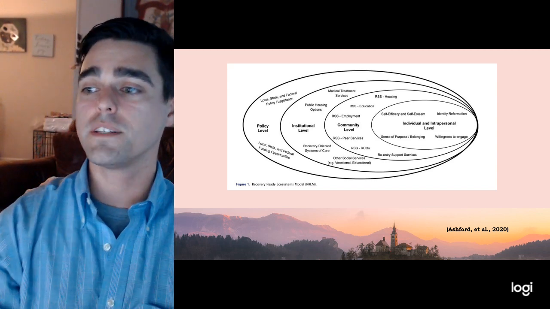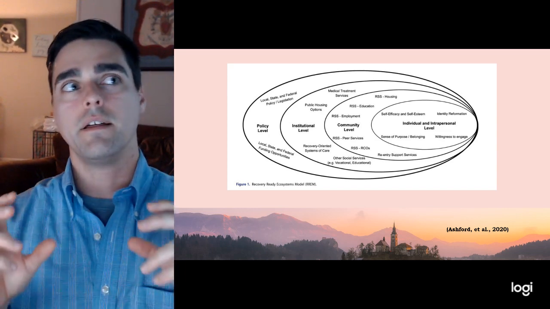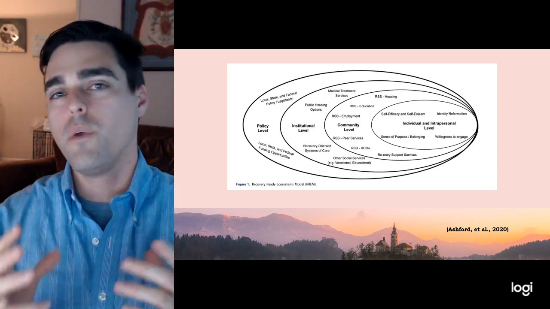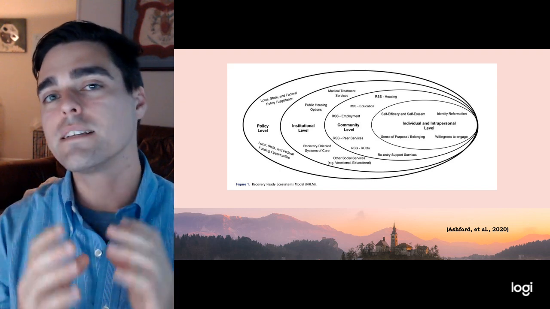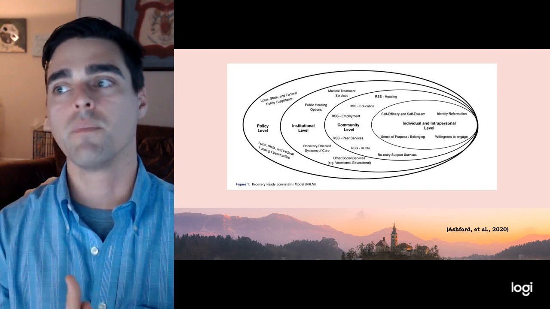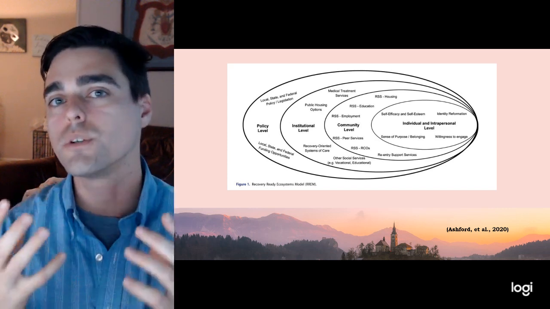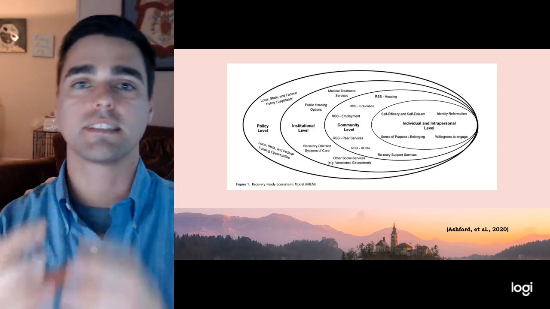So what we see here is this recovery-ready ecosystems model. As counselors, mental health providers of any kind, we play a social justice advocacy role. One of the big things that we can do for people who are in recovery is advocate at different levels so that there are resources in place to build a recovery-oriented society.